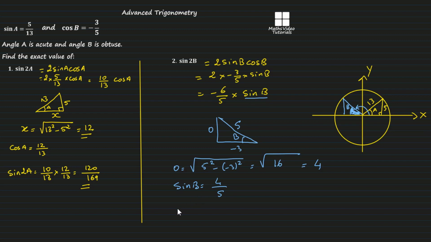Sine 2B is equal to minus 6 over 5 times 4 over 5, which gives us minus 24 over 25. And that's the answer to part 2.